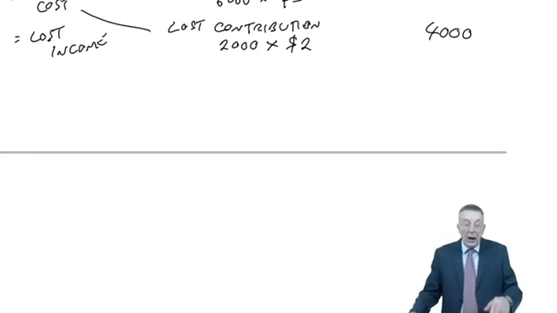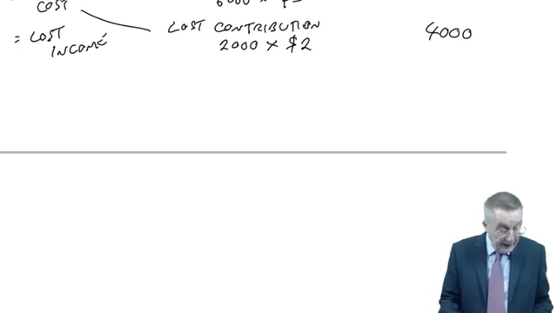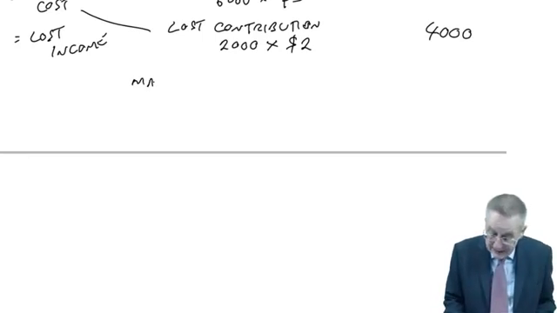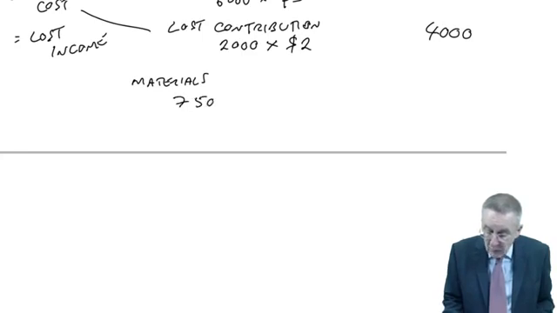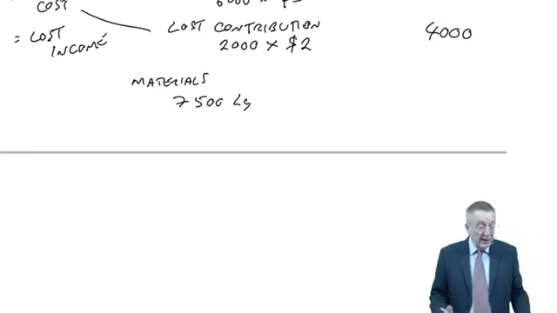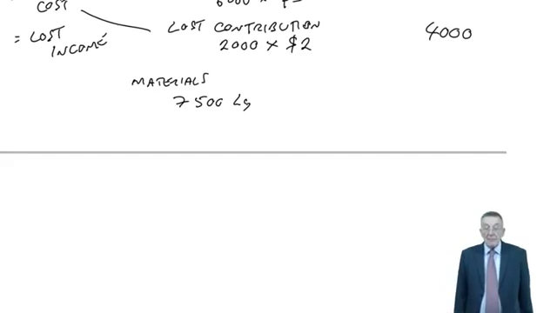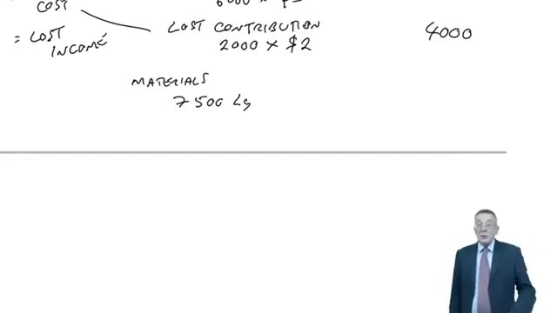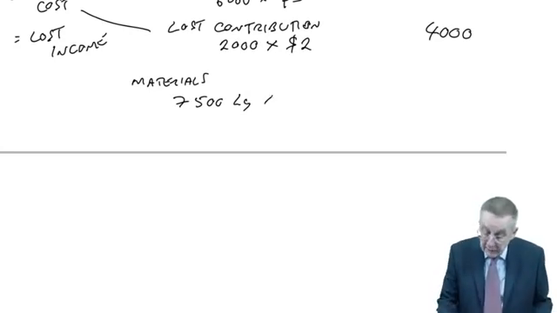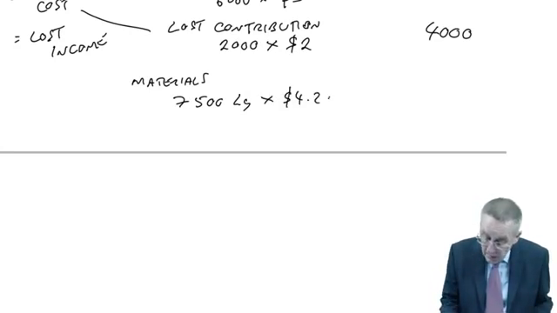So we've got another opportunity cost here, what is it? Materials. We need 7,500 kilos per the question. Again, if we didn't do the contract, we'd sell it and earn $4.20.